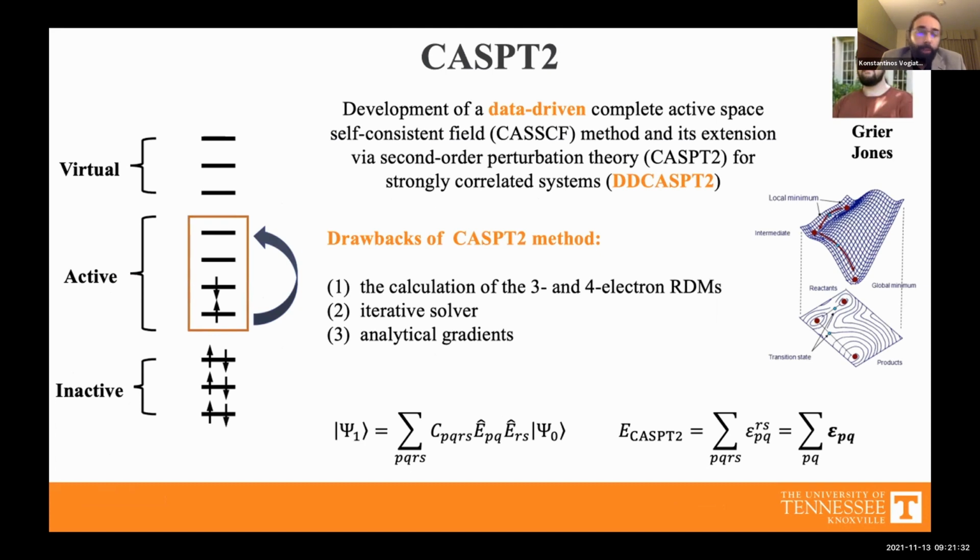The problem with CASPT2 is that we have to compute expensive 3- and 4-electron reduced density matrices, RDMs. We have an iterative solver again that we would like to surpass. And also the analytical gradients are non-trivial. Only recently we had the first implementations in the literature of the analytical gradients of CASPT2.